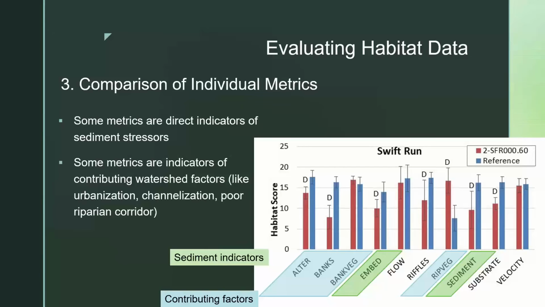And when we later begin to talk about causal analysis, here we're beginning to link causes to effects, right? The cause might be poor riparian vegetation. Well, that's leading to active erosion, which is then leading to an in-stream sediment condition. And so even through these individual habitat metrics, we're beginning to link some sources with some impacts and effects.